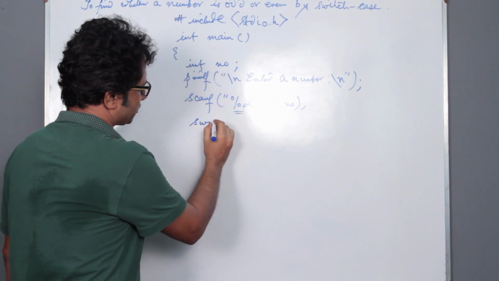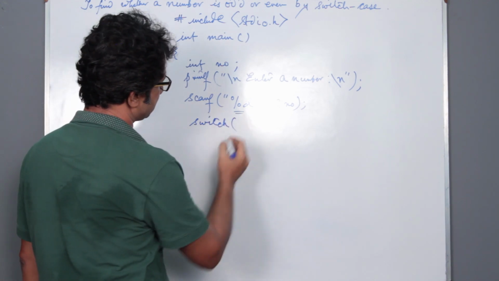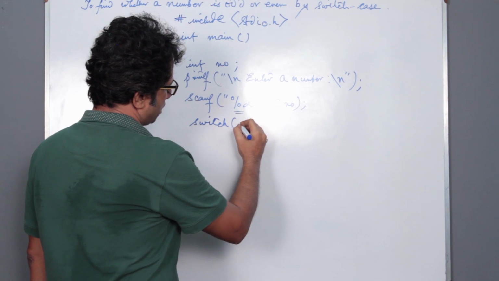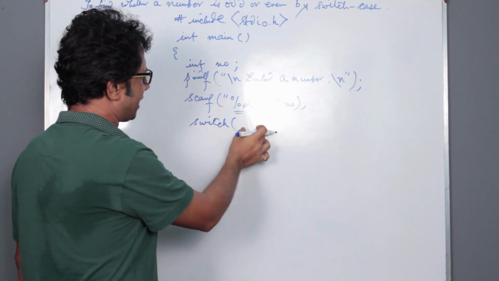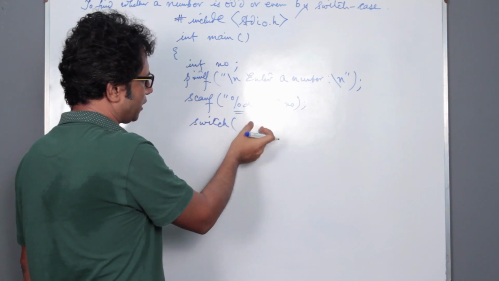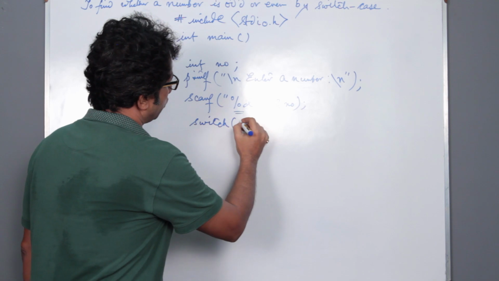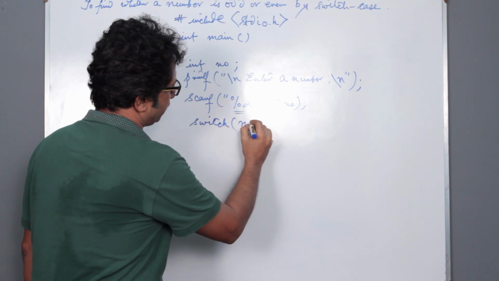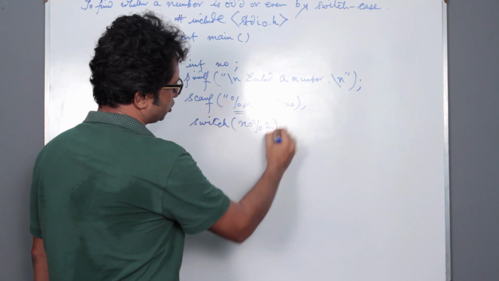We will write switch. You are familiar with the switch statement; we have discussed it in the previous class. We can take another variable as well, but to reduce the number of variables, I am just making a little tweak. We will write it in this manner: no %2.